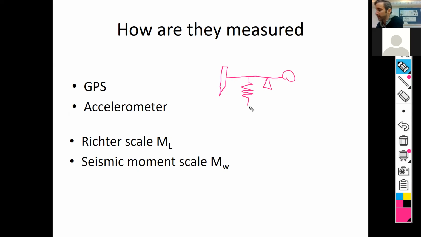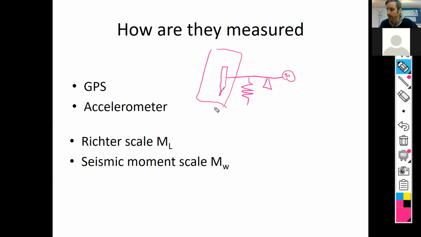And with a mass here, this is the mass. So if the earth shakes, then the pen shakes, and they put some paper here. So the pen will draw the shape of the earthquake on the paper. And that was used for hundreds of years, but now it's all electronic, of course.